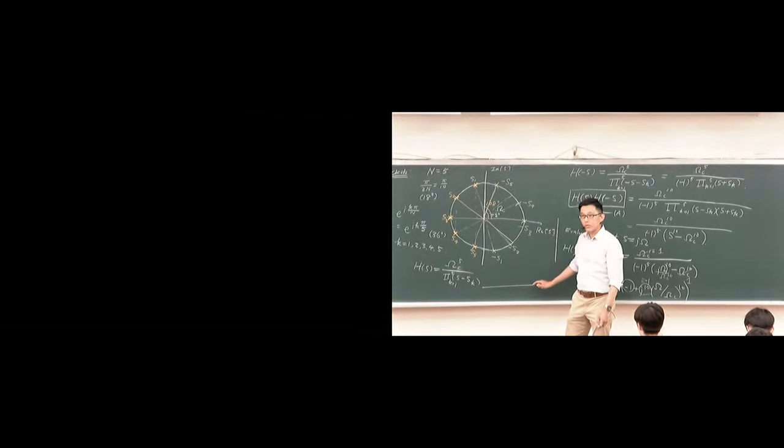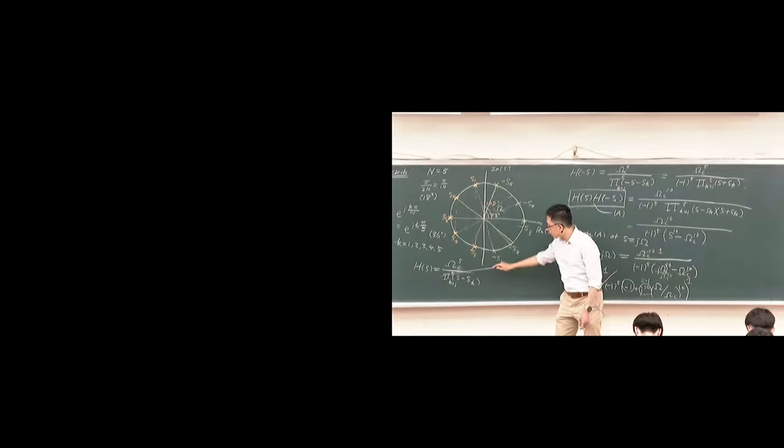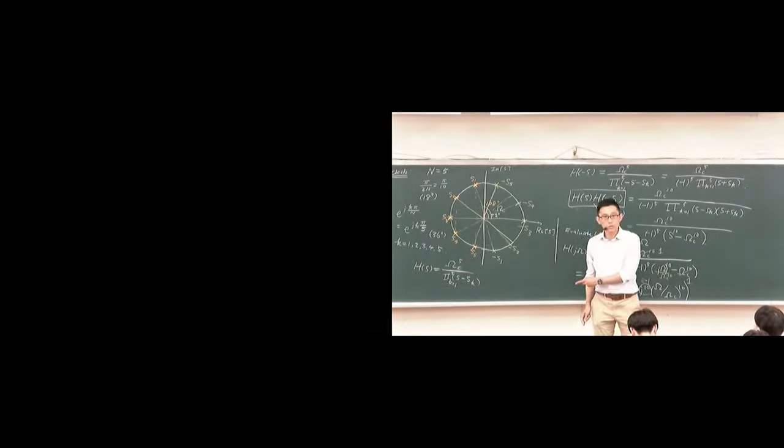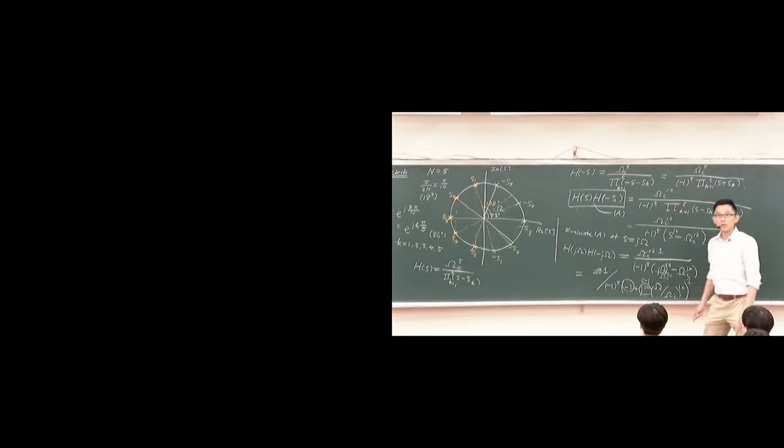We have a polynomial here, and the coefficients are actually all real because its roots are complex conjugates. Complex conjugate right here, another pair of conjugate roots right here, and then this is a real root. So the denominator part of H of s is actually a real valued polynomial.